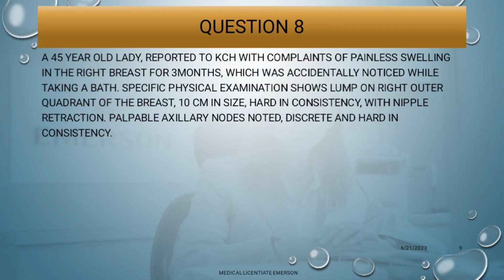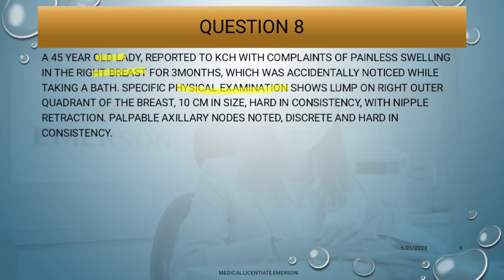So this is a 45-year-old lady who reported to KCH with complaints of painless swelling in the right breast for 3 months, which was accidentally noticed while taking a bath.